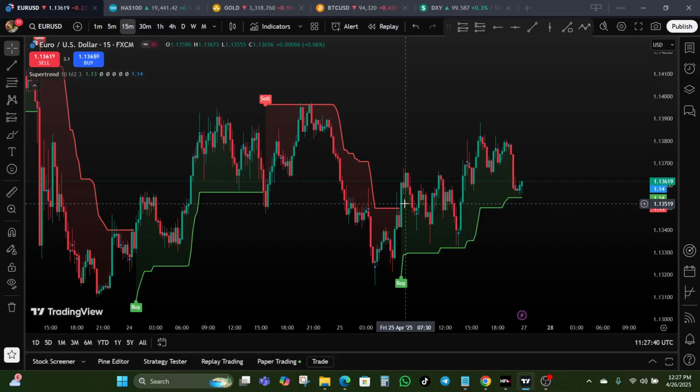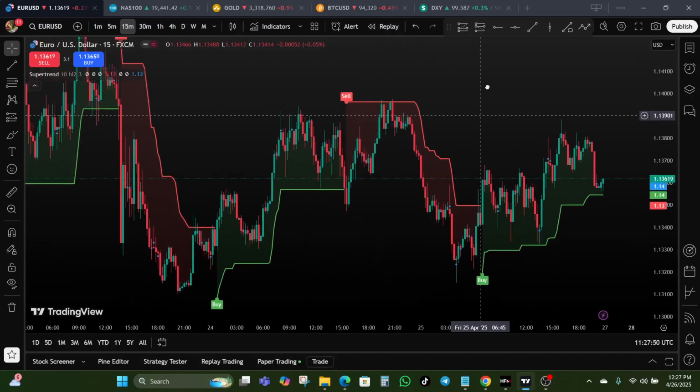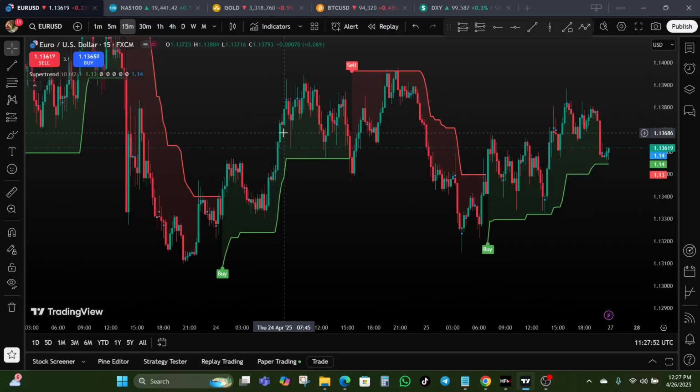Super trend flips color when the trend changes, making it perfect for staying on the right side of the market. When price is trading above the super trend line and the line is green in color, it shows a bullish trend. Okay, and when the price is trading below the super trend line and the line is red in color, it shows a bearish trend.